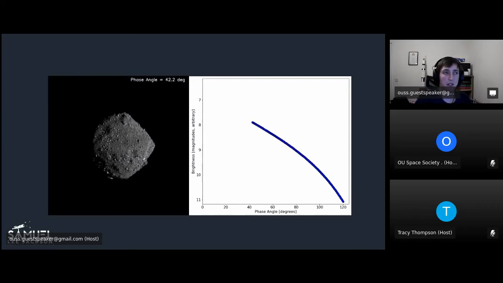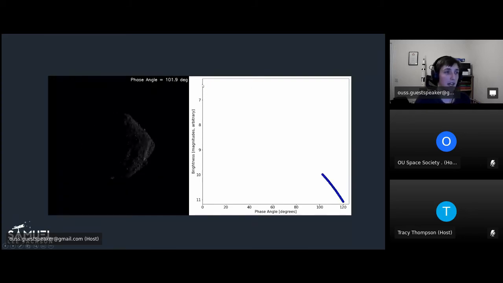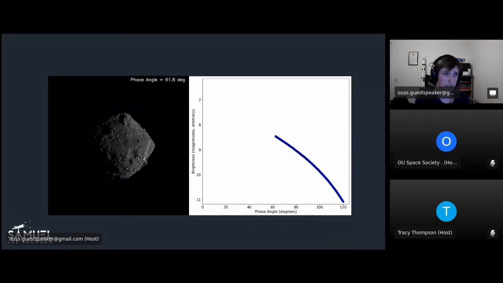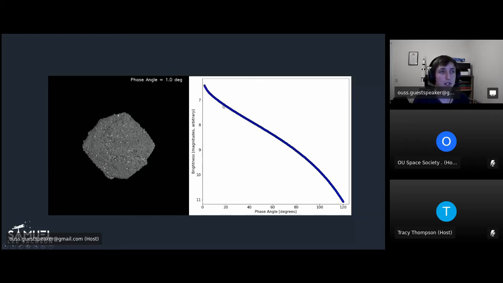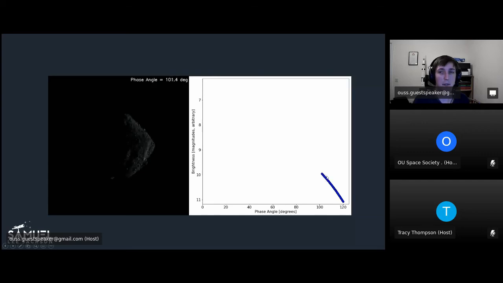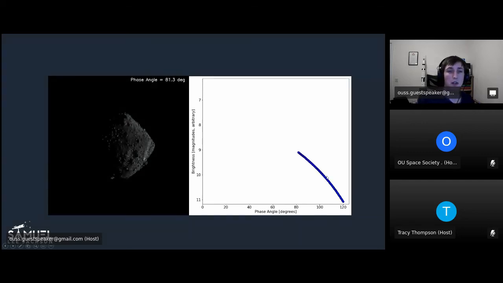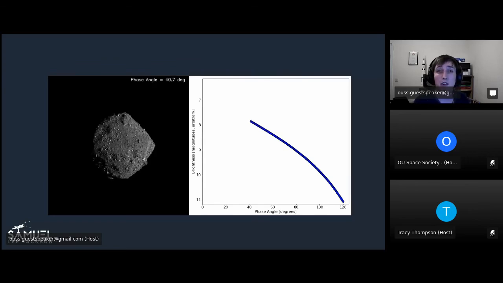Now, the brightness of the asteroid at this point, when it's illuminated completely front on, is directly related to the size of the object and how reflective it is, kind of like we discussed before. And the slope of the phase curve, so how steep it is and things like that, is controlled by the properties of the material on the surface of the asteroid.